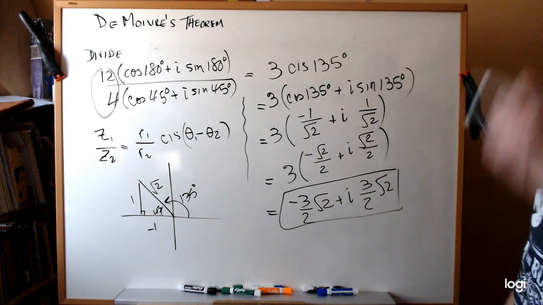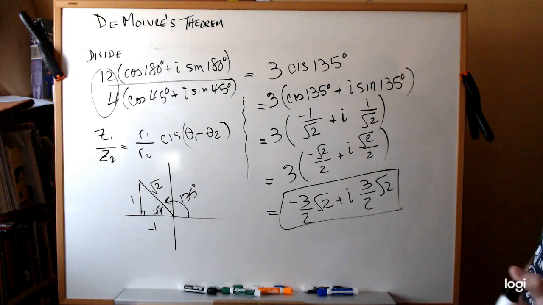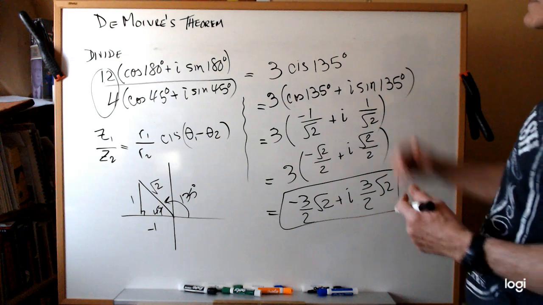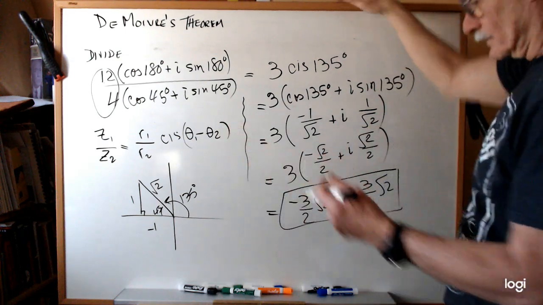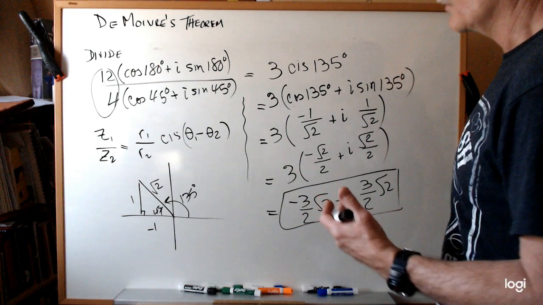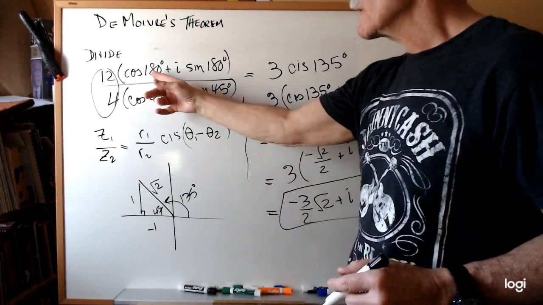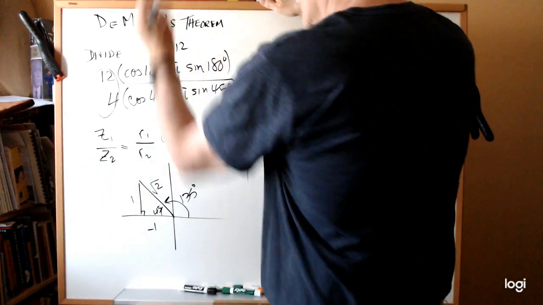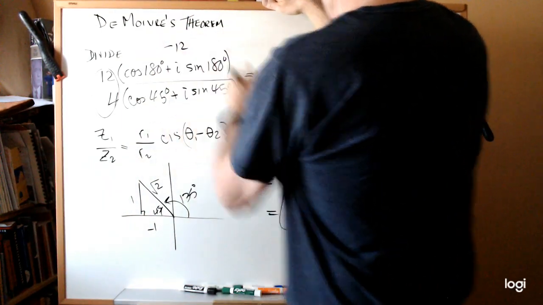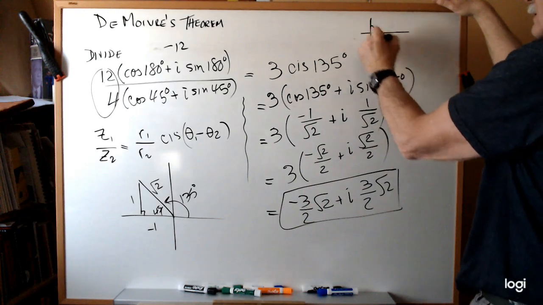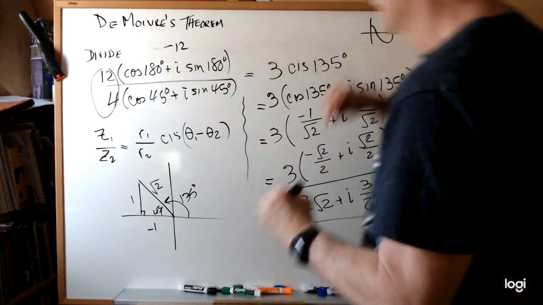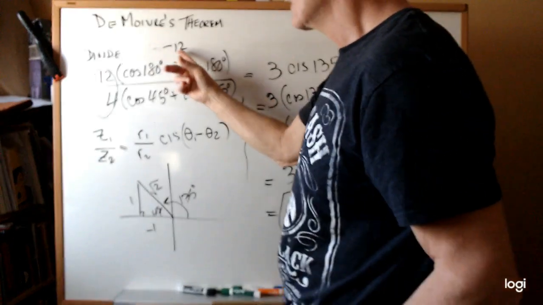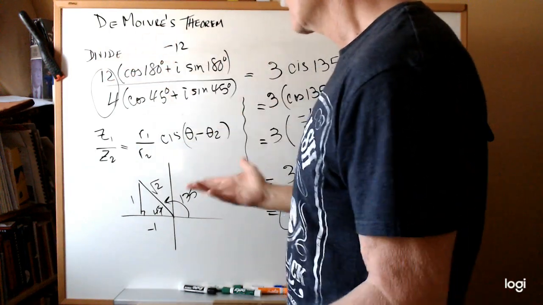Okay, now just a little bit of an explanation. We're typically not going to get the problem in this form. What we're typically going to do is see it in a different form. So the cosine of 180 is negative 1, sine 180 is 0, so this might be negative 12, right? Because cosine of 180 is negative 1, and sine of 180 is 0. So the top of this whole fraction is really negative 12.